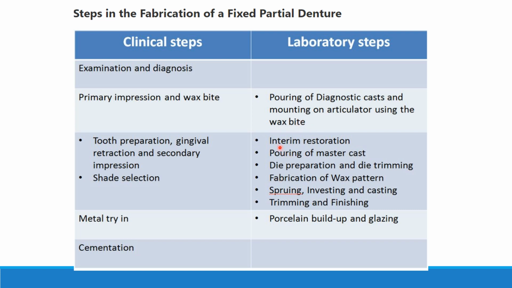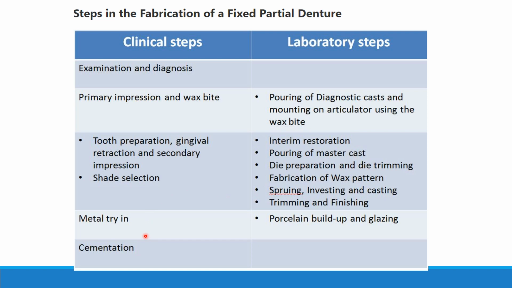Yeah. Then coming to the lab procedures. So now the interim restoration will be made in the lab. Pouring of the master cast, die preparation, die trimming, fabrication of the wax pattern, sprueing, investing, casting, trimming, finishing, right?